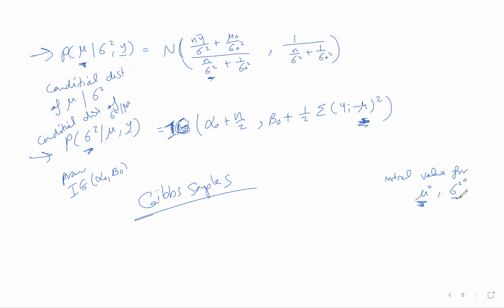And you plug in this one in this one, and you randomly select one value from the distribution of mu. So now we have one more mu and one more sigma square. Let's call it 1, 1. And then you do it many times, like 10,000s of times, or 1 million times, or 10 million times.